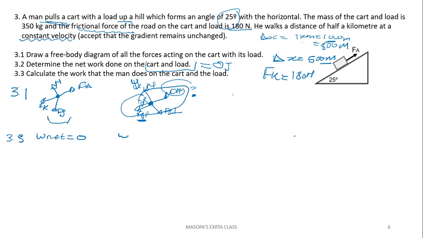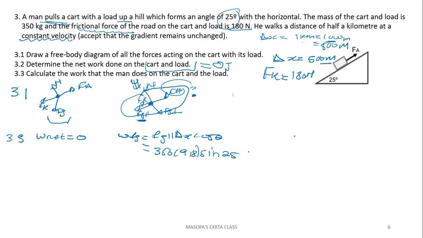But let's quickly focus on the work done by Fg, which will be Fg parallel times delta x times cos of theta. The mass of the object we know is 350 times 9.8, times the sine of the angle, which is 25.